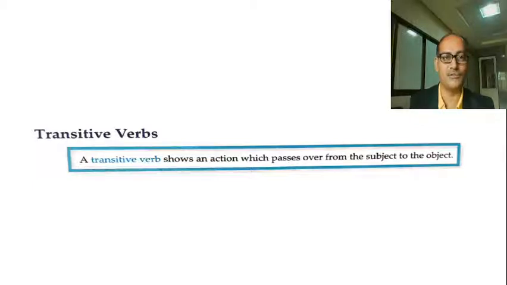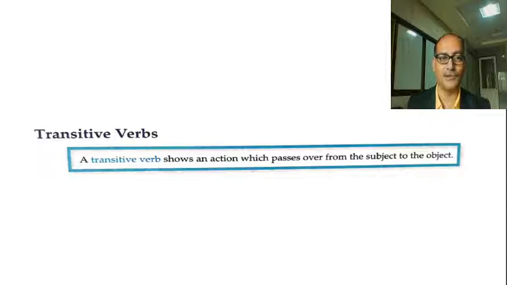What is the object? Chair. So chair is the object over here. This verb prepared has an object, that is chair. Therefore, this verb is a transitive verb. Very simple thing, dear students. If in any sentence there is an object, the verb of that sentence is a transitive verb.